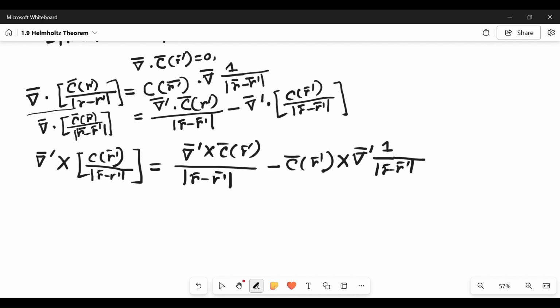The vector identity I used here is curl of f times vector A is equal to f multiplied by curl of A minus A cross gradient of f.